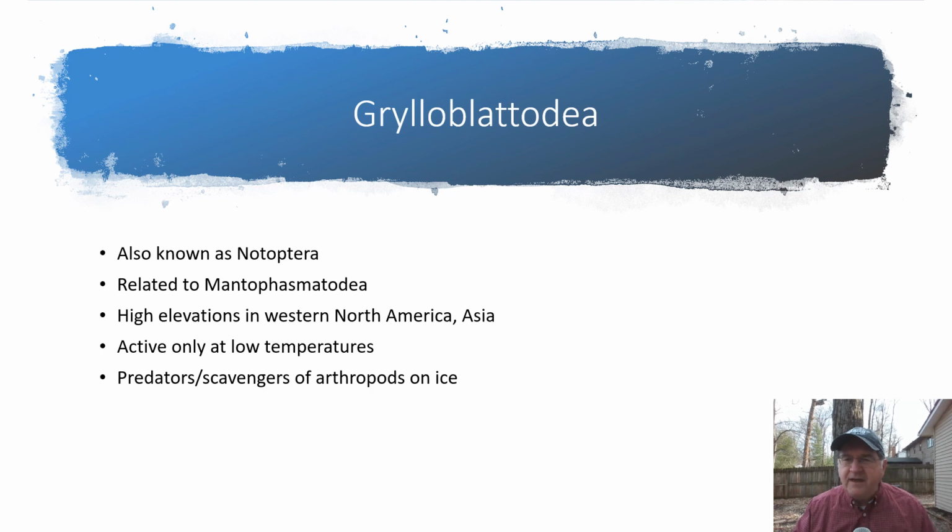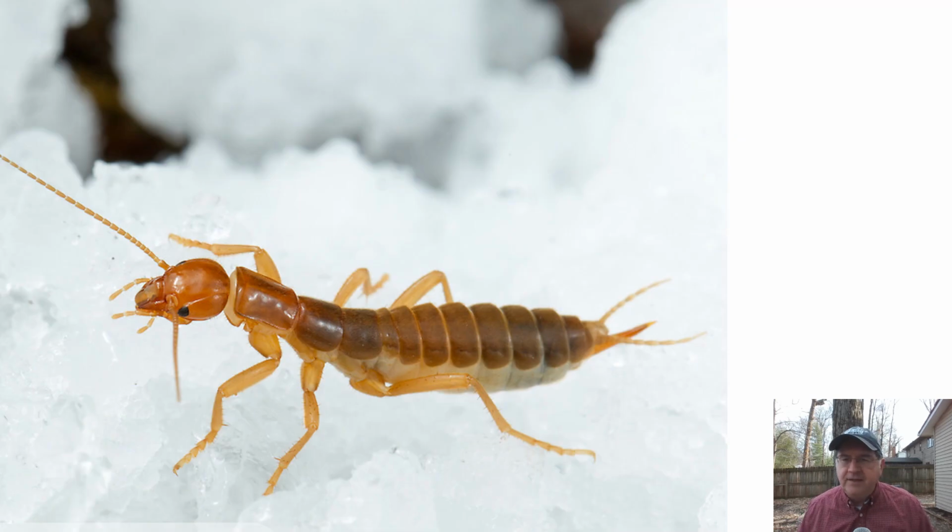So predators or scavengers. I believe you saw a representative of this in the lab, courtesy of one of our former students, a current OSU alumnus who is now doing graduate work at UC Riverside. And he made a point to send me a Grilloblattid from one of their trips in the mountains to collect them.